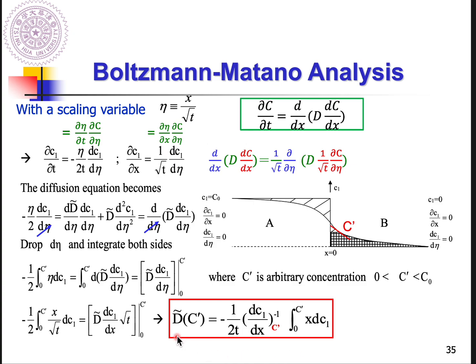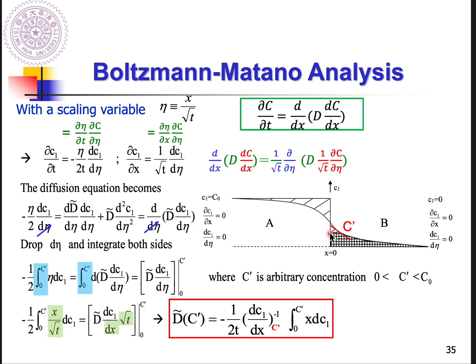How the interdiffusivity changes with concentration will be associated with diffusion time period, the reciprocal of concentration gradient at C prime, and also the total number of diffusing atoms, integral from 0 to C prime.